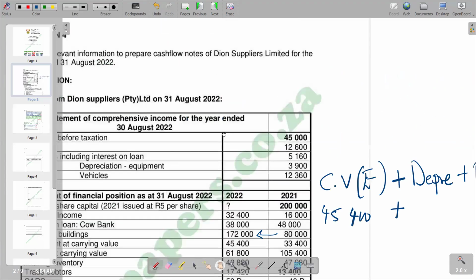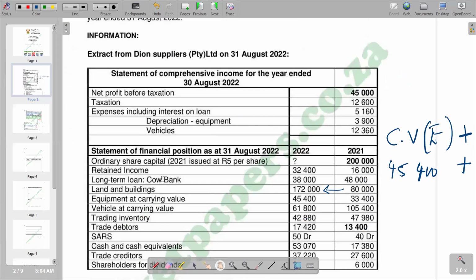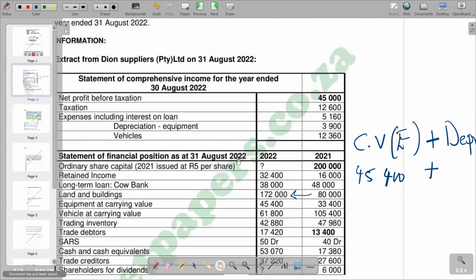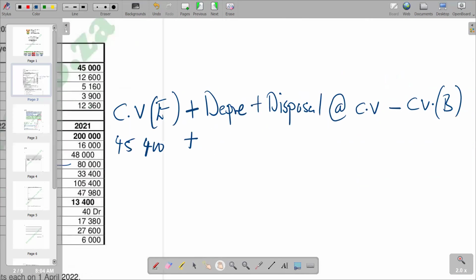We check the information given. We are given that depreciation for equipment is 3,900. So we are saying plus 3,900. And then we are supposed to add disposal at carrying value of the equipment if there is any, but in this case you do not have one, so we leave it.